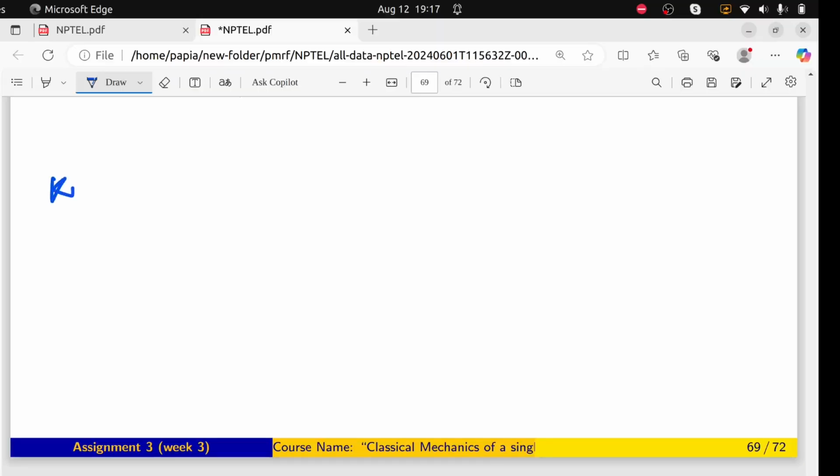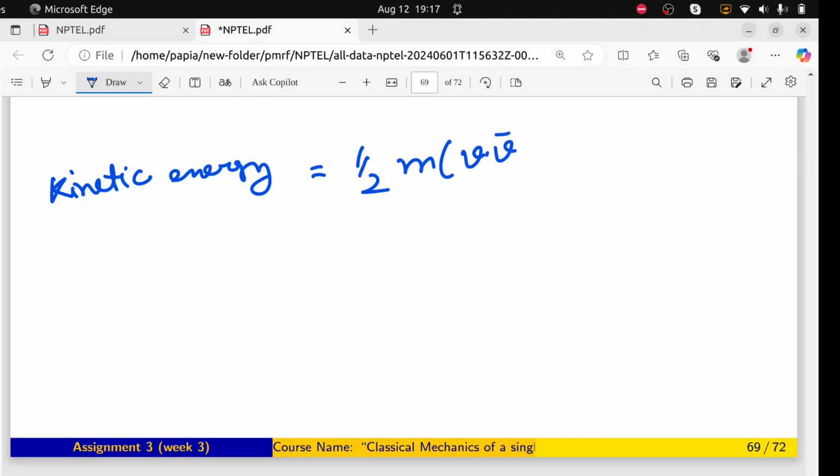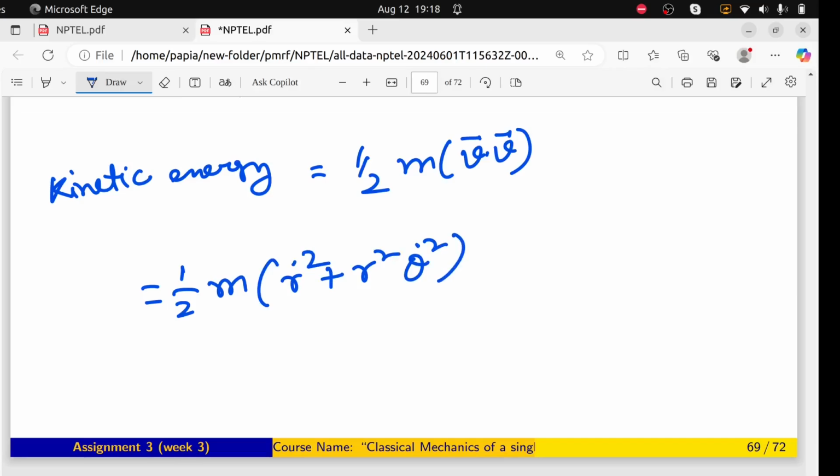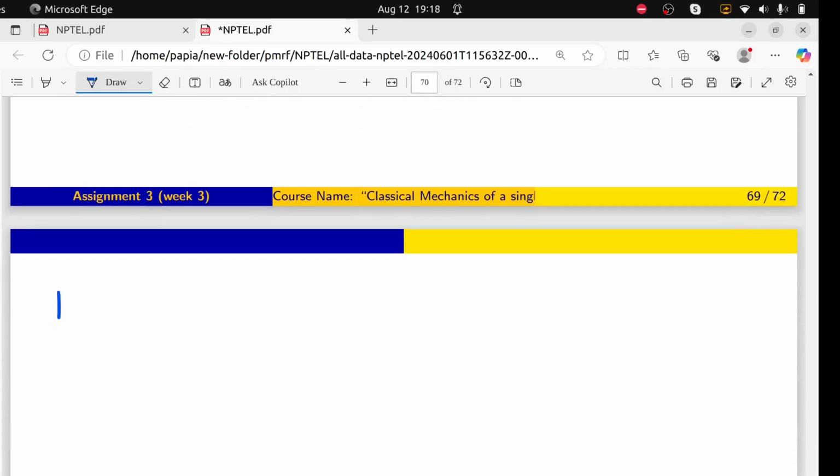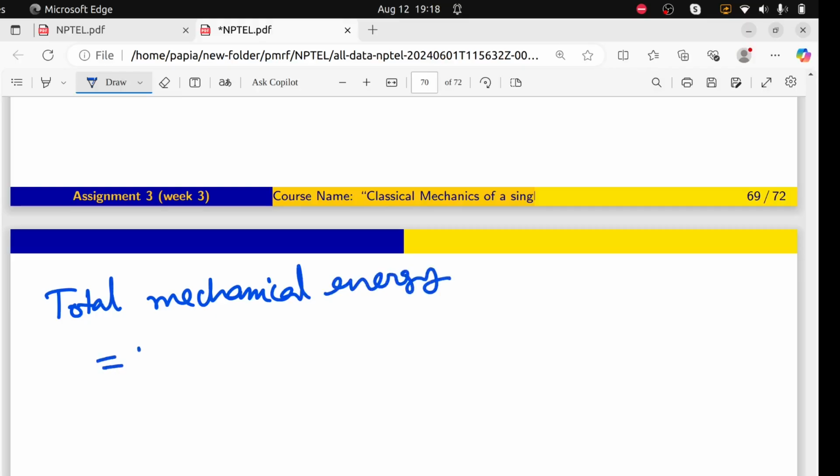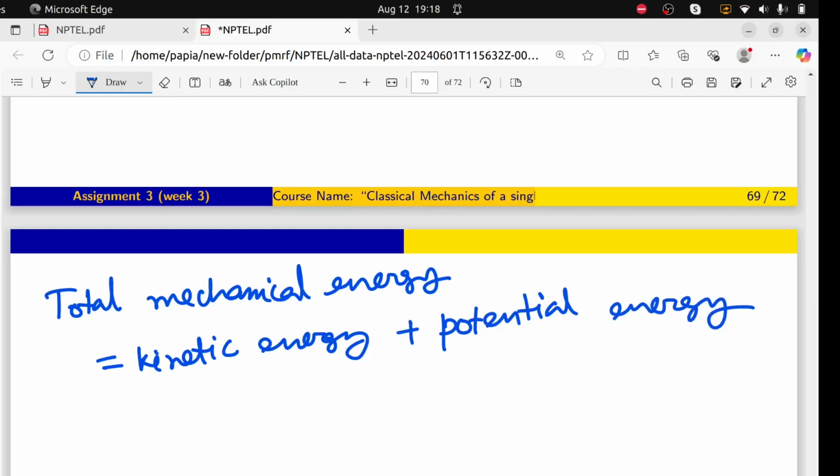So now my kinetic energy is half m v dot v, means half m r dot square plus r square theta dot square. Okay, so total mechanical energy is kinetic energy plus potential energy.